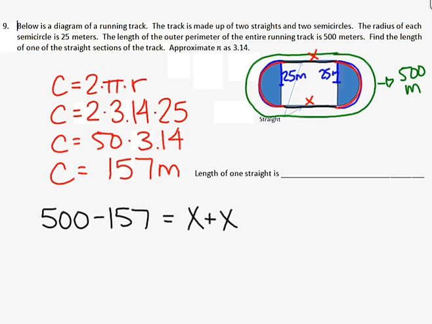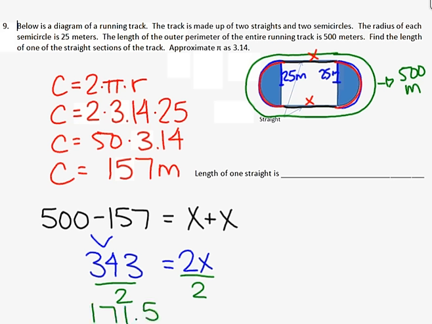So 157 subtracted from 500 is going to give us 343, and x plus x is 2x. Now from here, divide each side by 2, and we'll get a final value of 171.5 equals x. And then again, this was in meters. So 171 and 5/10 of a meter.